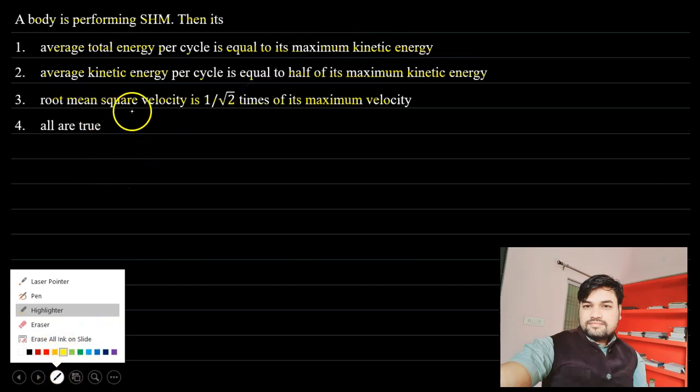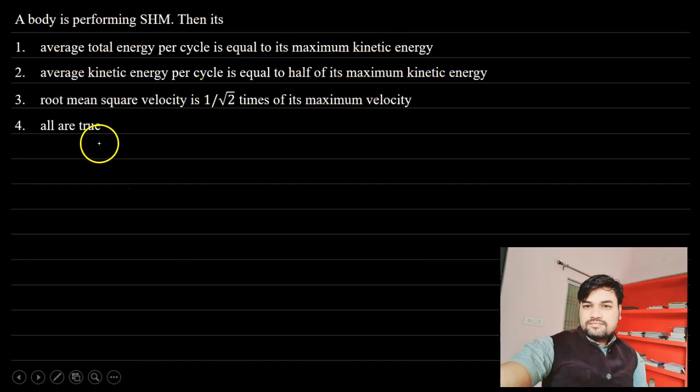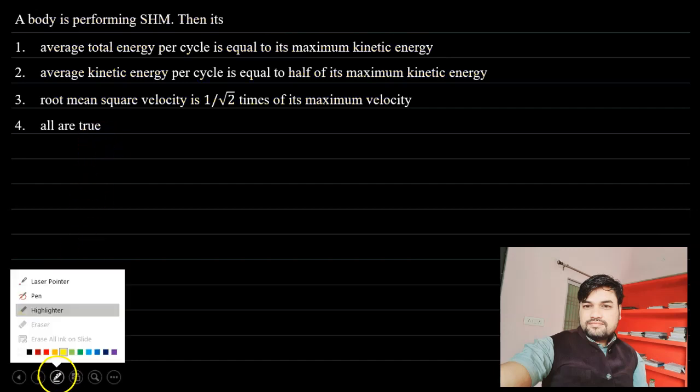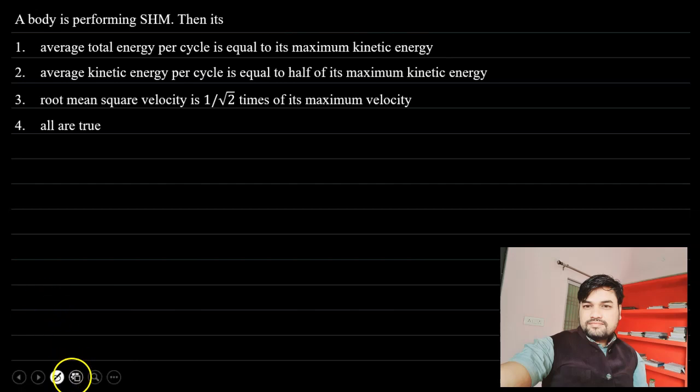For simple harmonic motion, SHM, we take the displacement from the mean position y. For SHM, y can be written as a cos omega t.